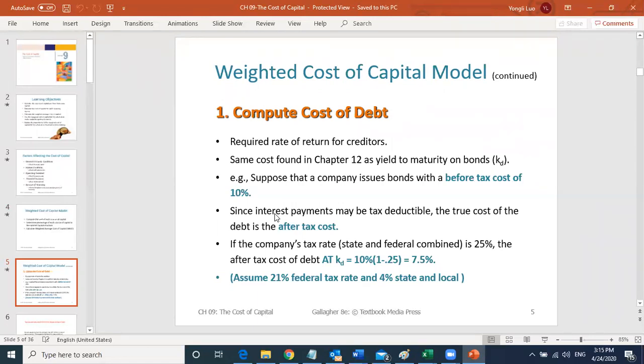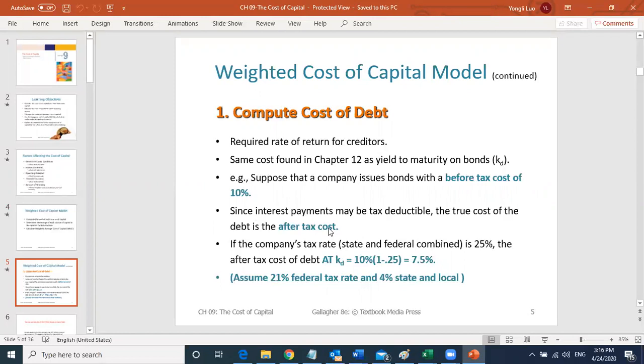Because for the company, the interest payment is tax deductible. So the true cost is the after tax cost of debt.